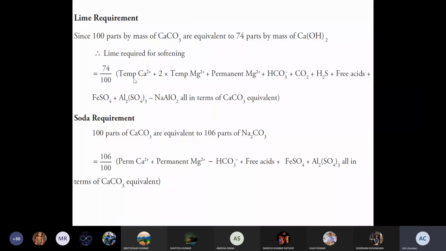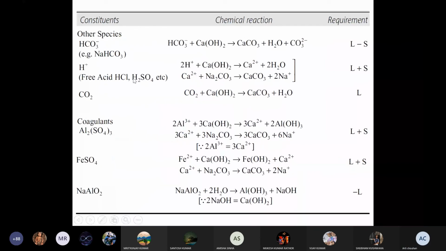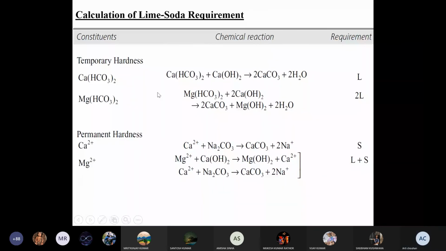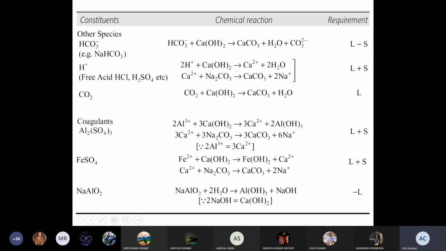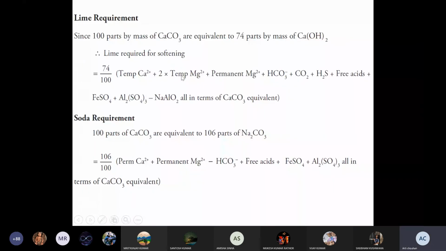Like temporary calcium uses 1 lime, you can tally that one lime. In temporary magnesium hardness, there is a requirement of 2L. So just add all the values for the lime requirement.